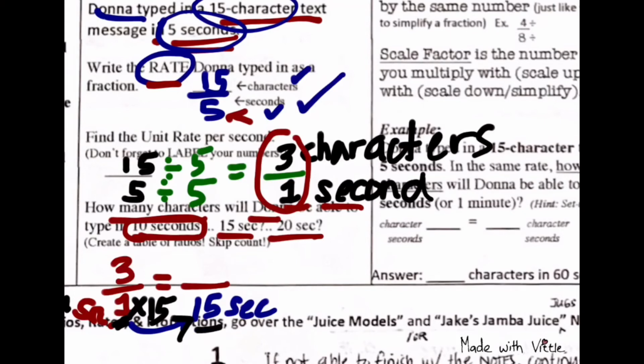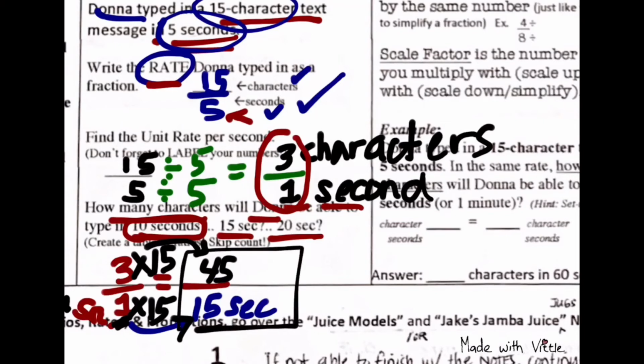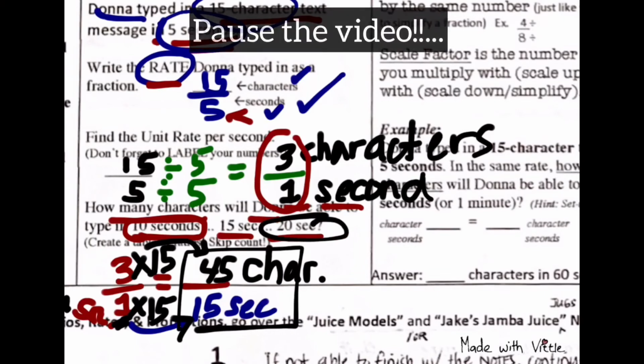So what you did at the bottom, which is multiply by 15, you have to do the same thing on the top. What is 3 times 15? It will be 45. Therefore, in 15 seconds, Donna is able to type 45 characters. Okay? What about in 20 seconds? Should we do the same thing?